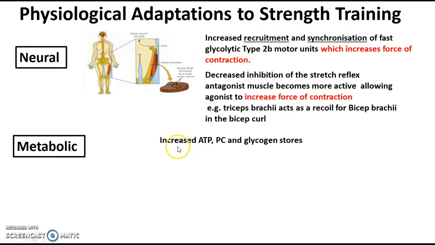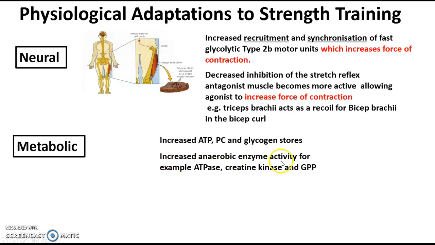Now, just having these fuels on their own will not give you anaerobic energy. We know that. If you have an increase in fuel source, it's useless unless you have an increase in these protein catalysts that break it down. Do you remember what they are? So as well as an increase in ATP, PC, and glycogen stores, you also have an increase in anaerobic enzyme activity.